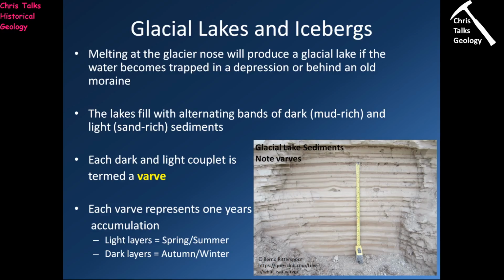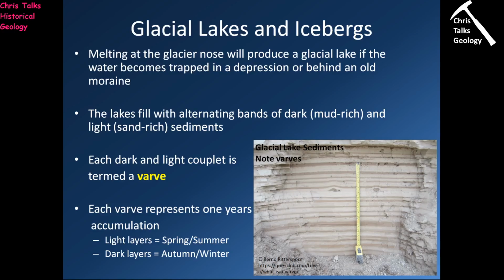You'll get varves in normal lake systems, but the best type of environment to form a varve will be a glacial system. Each varve represents one year's worth of accumulation. The light layers represent spring and summer, and the dark layers represent autumn and winter, or should I say fall and winter. The light layers represent a time when your lake isn't frozen.